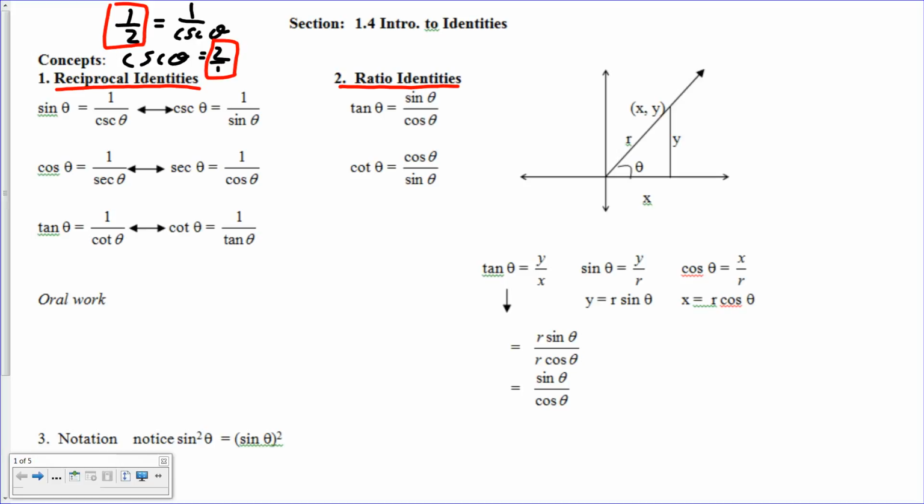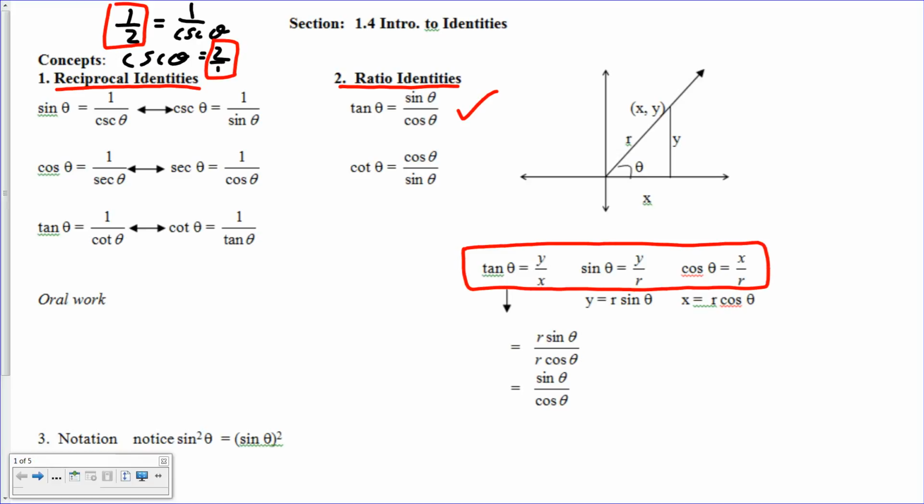How do you get this tangent theta equals sine theta over cosine theta? The way that you get that is from the same diagram that we had before. And notice what these are. Those from the diagram are the definitions of the trig functions. So we're starting with the definitions.